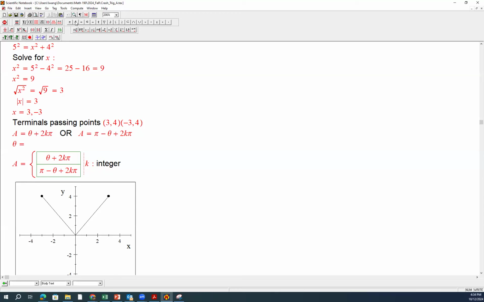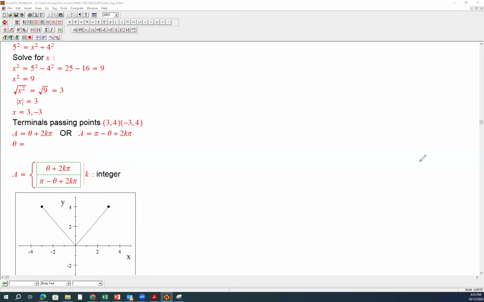For those of you who have taken trigonometry, you know this is not a special angle. Since it is not a special angle, how do we represent it? So this is theta. I'm going to mark it here. How do we represent it?